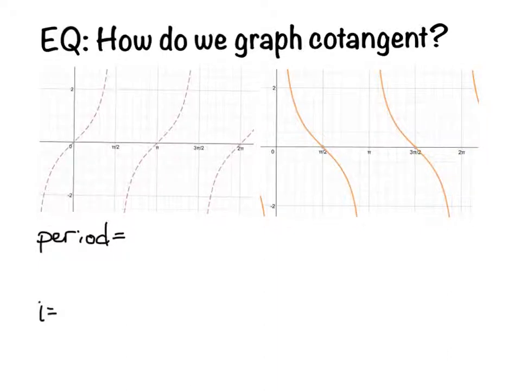So today we're going to look at how we graph cotangent, which is just the reciprocal of tangent. Here I've given you the tangent function and the cotangent, and we're just going to compare them.